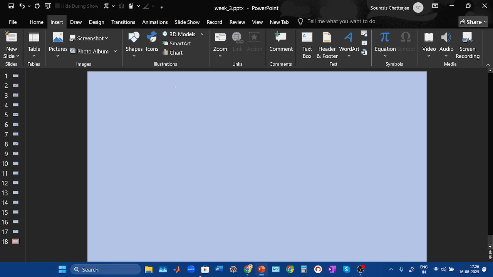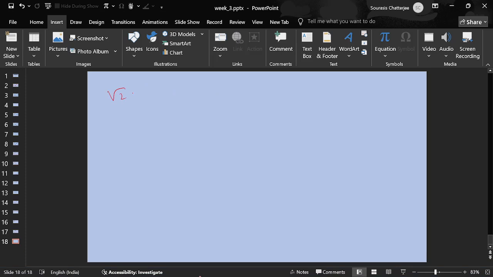What is the second thing I should do here? Multiplying root 2 cos omega naught t plus phi minus pi by 2 times r(t), that is minus square root of 2 sin omega naught t plus phi times r(t). And what is this going to produce?